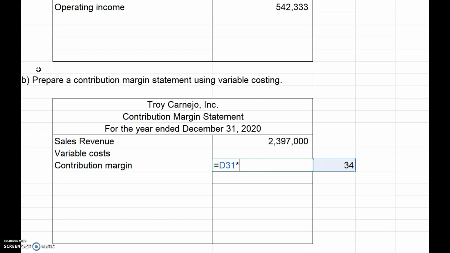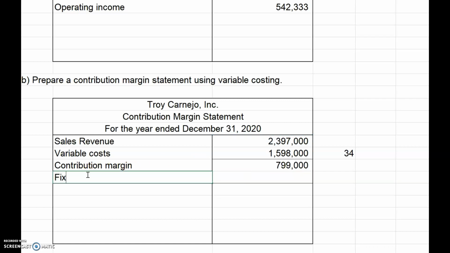So the 34 variable cost per unit times the 47,000 units sold is $1,598,000 in variable costs. So we subtract sales revenue minus variable costs. We call that contribution margin. Then we're going to subtract fixed costs to arrive at operating income.